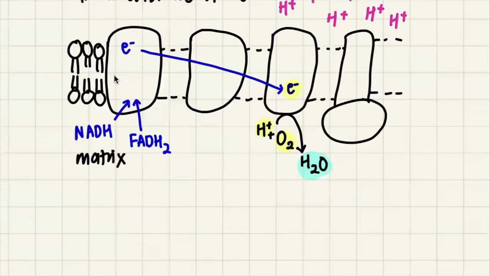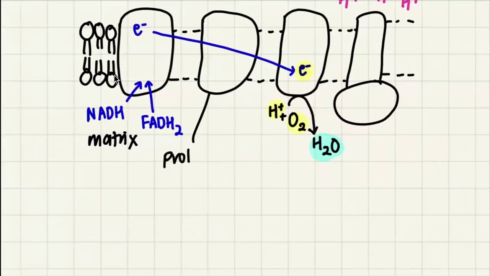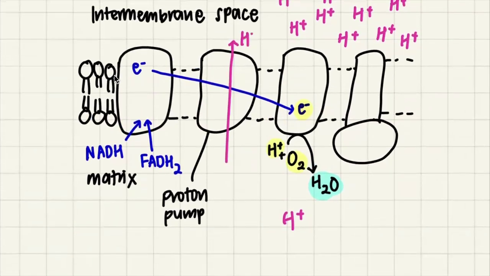And then your proton pump, which is this, will pump protons against the concentration gradient using the energy released from the electron transport chain.